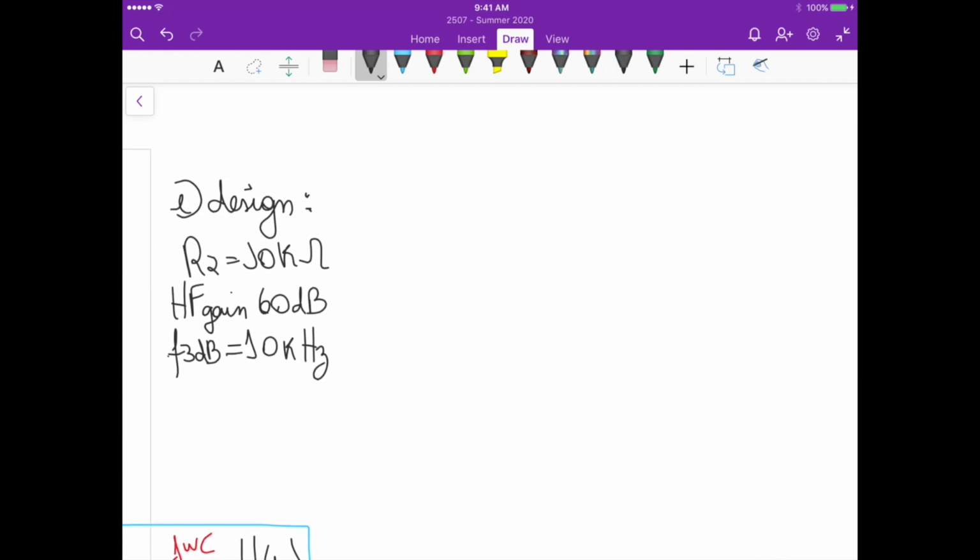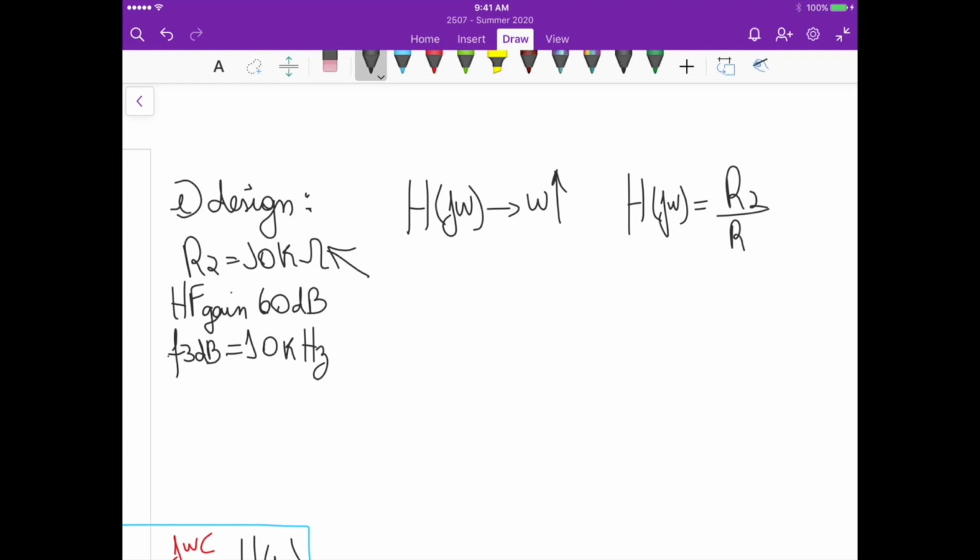So R2 we already know, and because we know the high frequency gain, as omega gets very high, H of j omega equals R2 over R1.